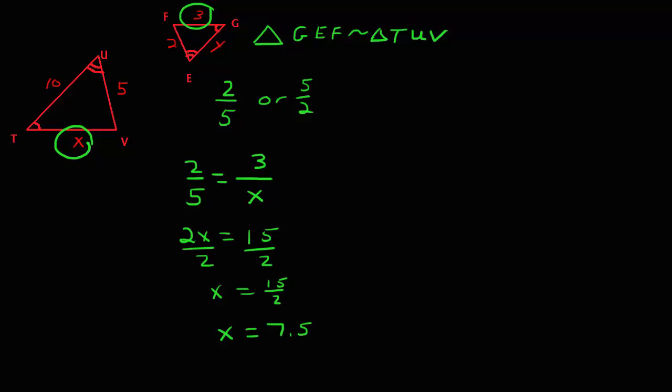We're now going to solve for y. I'm going to use the same scale factor of 2 over 5. My small triangle is 2. Our large triangle is 5.